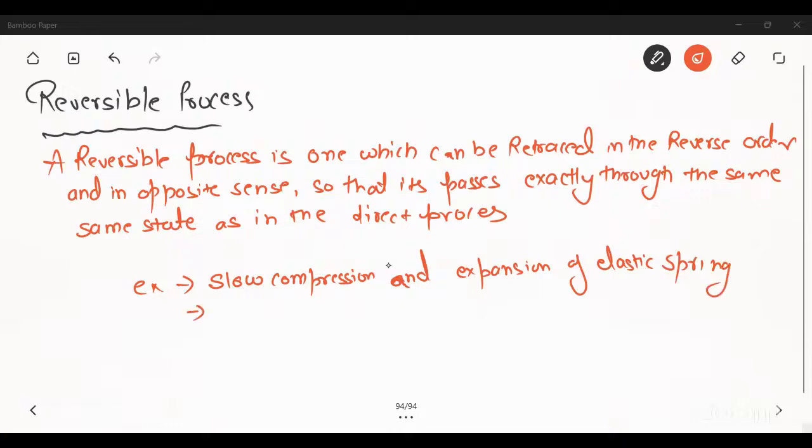Next example is melting and boiling point.